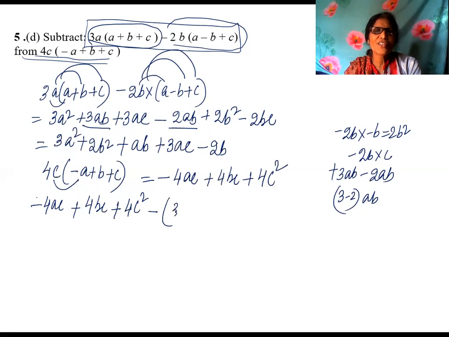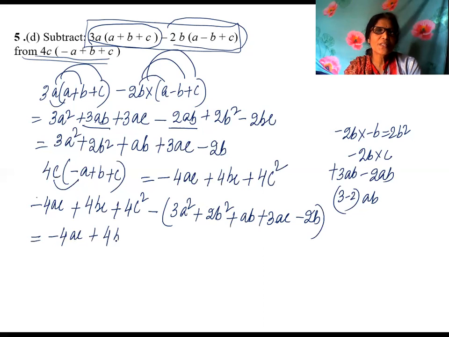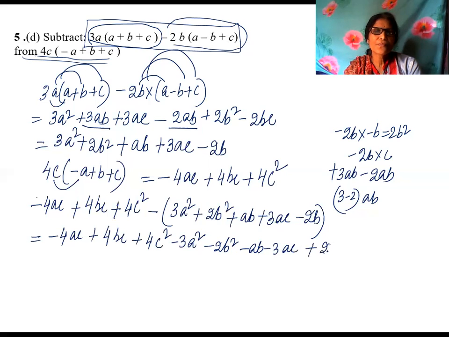Subtraction: 3a square plus 2b square plus ab plus 3ac minus 2bc. When I subtract, I'll change the sign. Minus 4ac plus 4bc plus 4c square minus 3a square minus 2b square minus ab minus 3ac plus 2bc. Now what is the result?